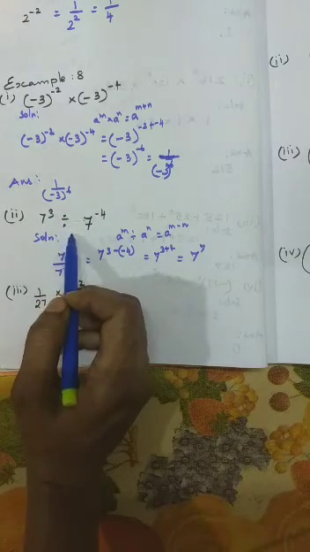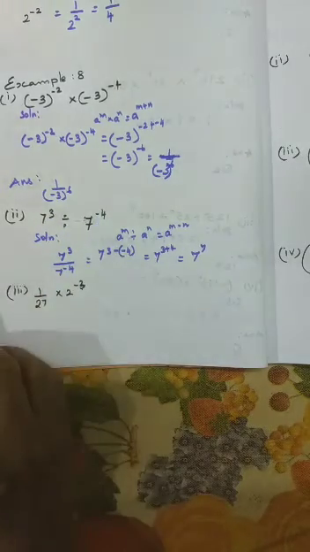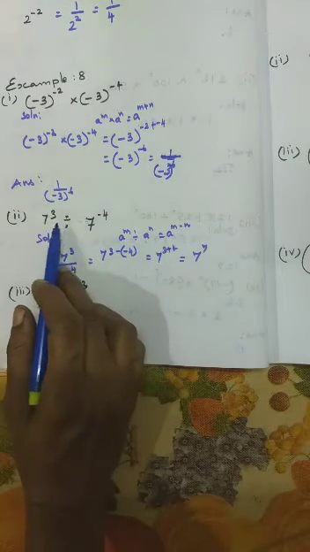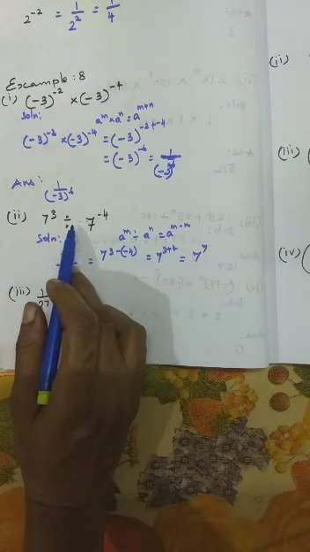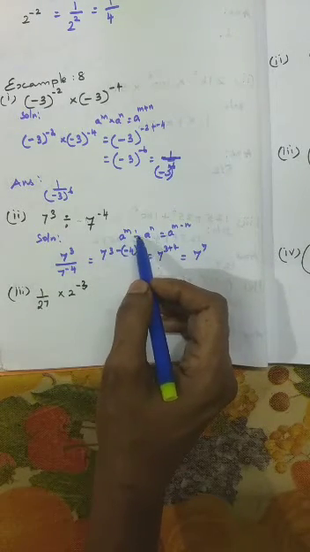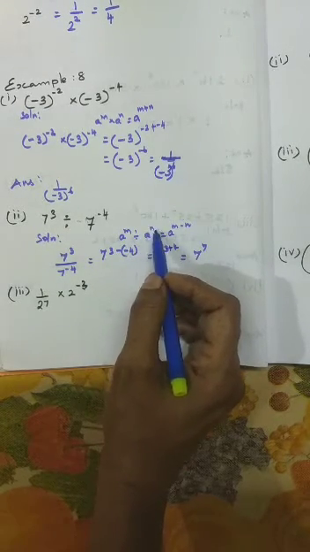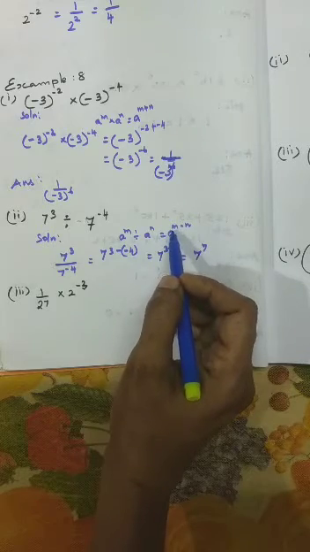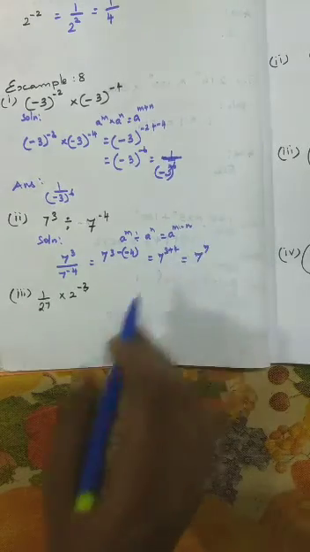7 power 3 divided by 7 power minus 4. Solution. Here we are going to use the quotient rule. That is a power m divided by a power n equal to a power m minus n.